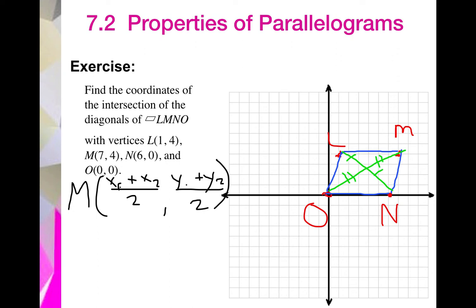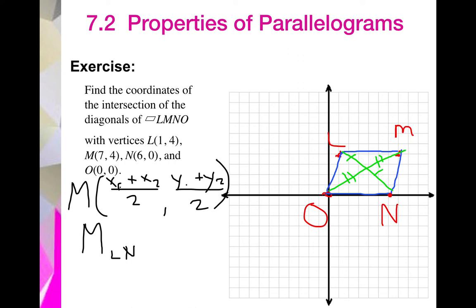So we know that the midpoint of each one of those lines is going to give us the coordinate of the intersection of the diagonals. We only have to find it for one of them. So we would look for the midpoint of, say, L and N, and just calculate it from that.